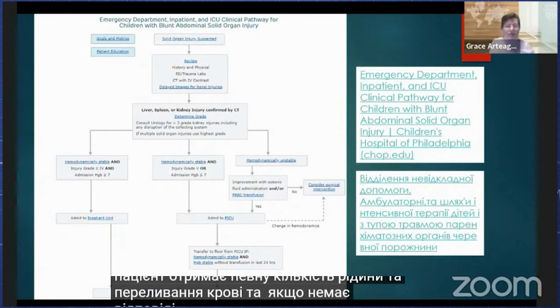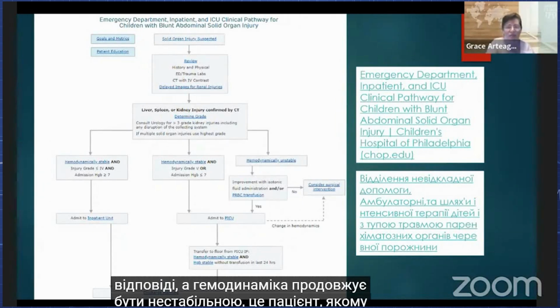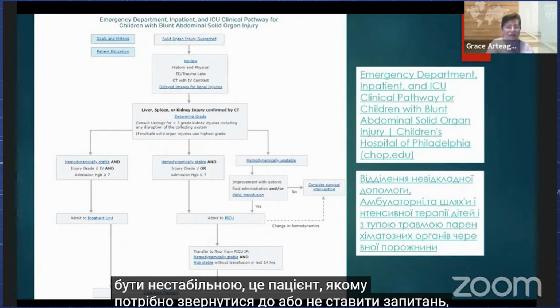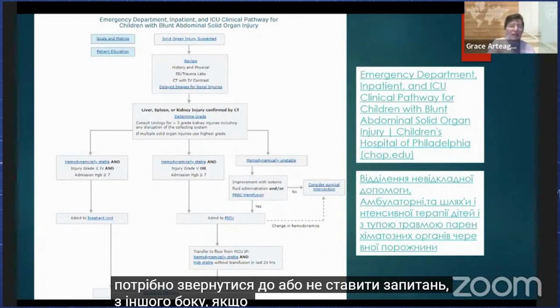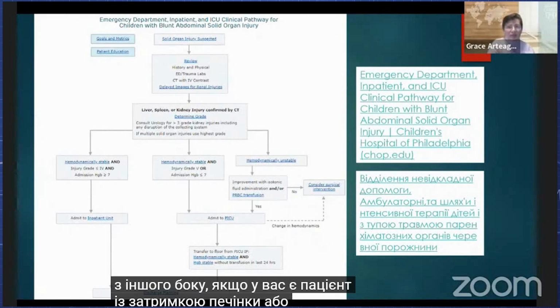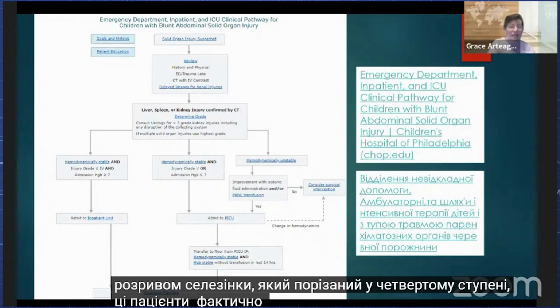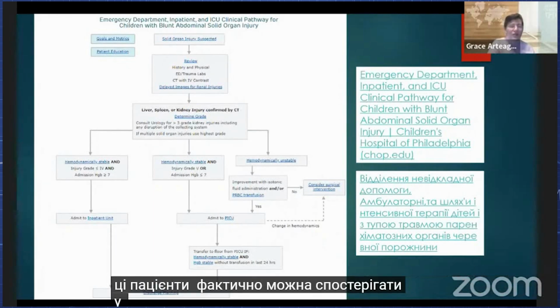And if there is no response and the hemodynamics continue to be unstable, that's a patient that needs to go to the OR. No questions asked. On the other hand, if you have a patient that has a liver laceration or a spleen laceration that's less than grade 4, those patients actually can be watched in the unit.